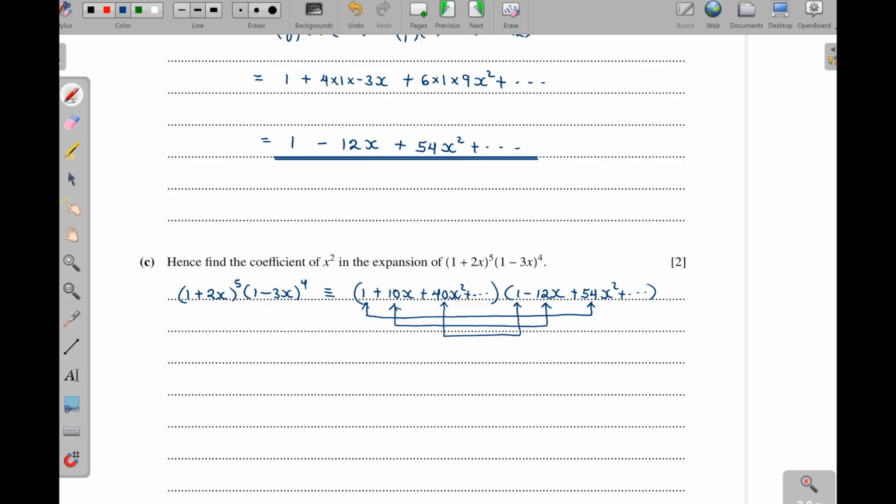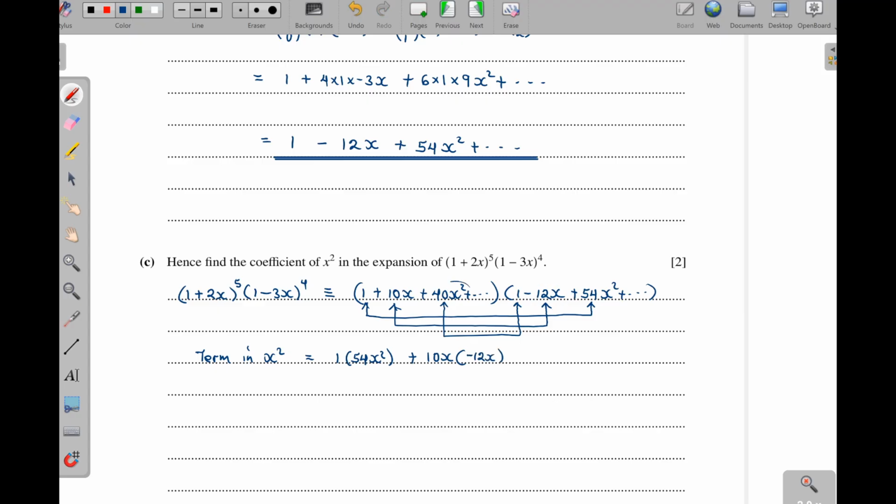Okay, so I will say here that the term in x squared is going to be 1, then times 54x squared. Then we have 10x, it will multiply with this negative 12x.